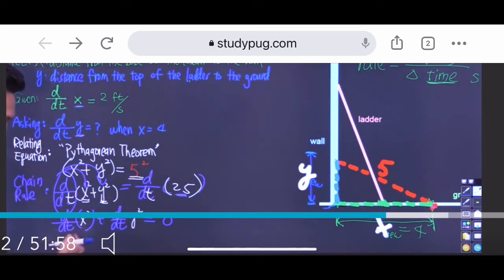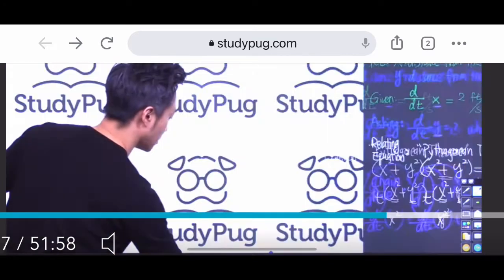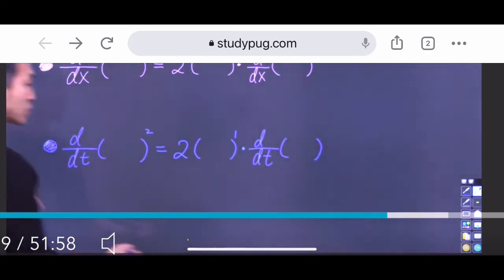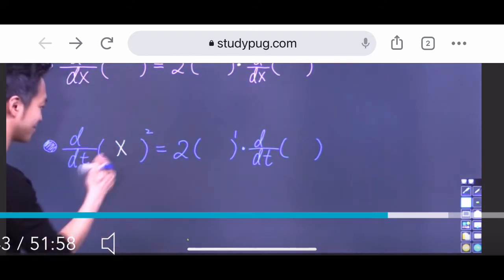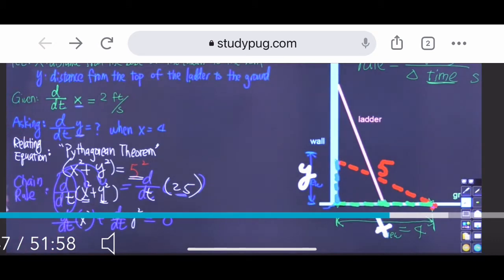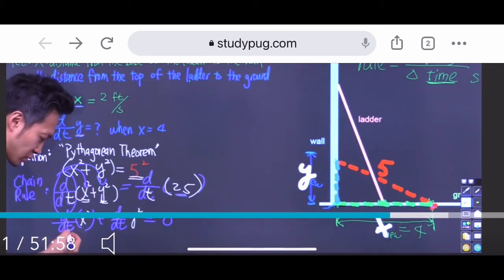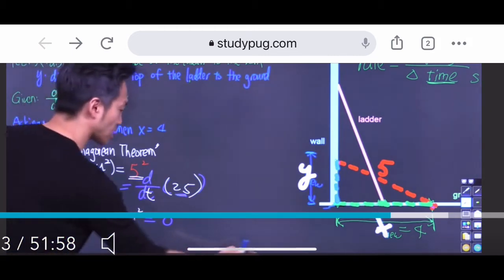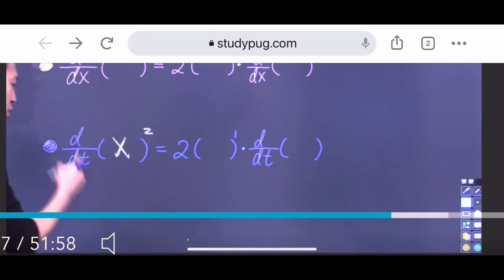So inside the bracket, I'm just gonna put x squared, okay? Oh, so sorry. So here we are taking the derivative of x squared with respect to time, right?